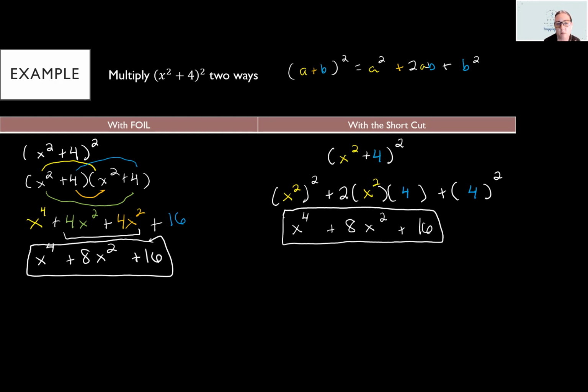When I am multiplying this out, something like this or like the previous example, I do use the shortcut because I find it's easier than doing FOIL, because when I FOIL, I have to write the thing twice and then go through. I use the shortcut here because it's quicker for me. I use the shortcut with the difference of squares as well, because I don't have to bother writing down the middle parts.